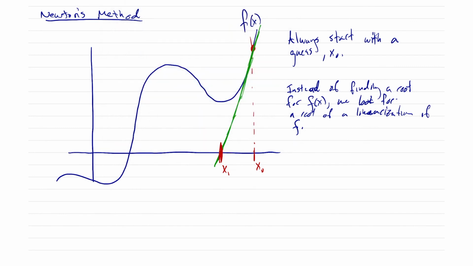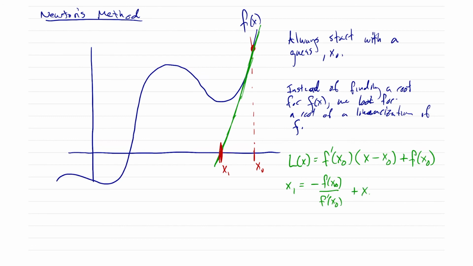We're going to write L of x is equal to, and let's just put this in point slope form, f prime at x naught times x minus x naught plus f at x naught. And so then we find x1 is whatever the root is of L, and that is going to be minus f of x naught divided by f prime at x naught, and then plus x naught.